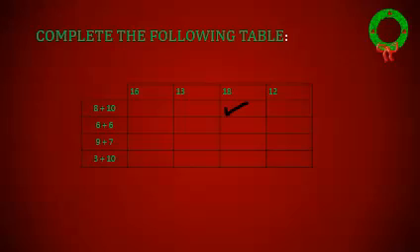So the answer will be, so we have to put check under. 9 plus 7 is equal to, so we have to put check under 16. 3 plus 10 is equal to, so we have to put a check under 13.